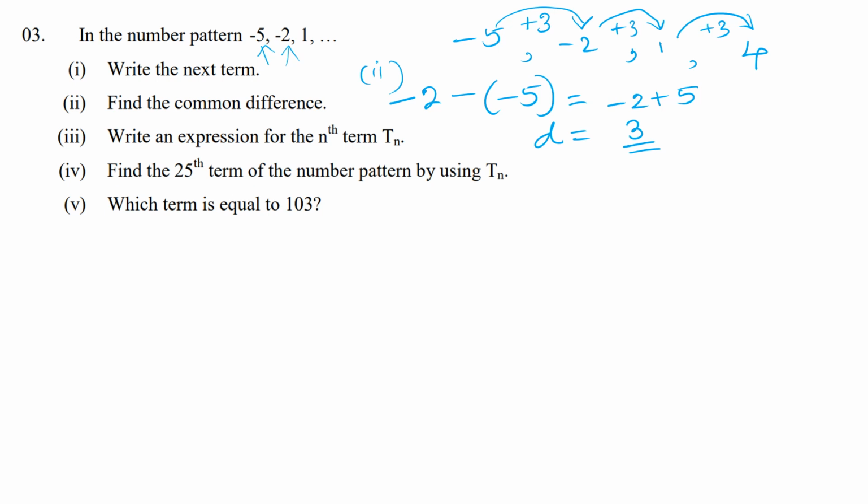We will write n as 1, 2, 3, 4, 5, and the term Tn is equal to minus 5, minus 2, 1, 4, something like this.